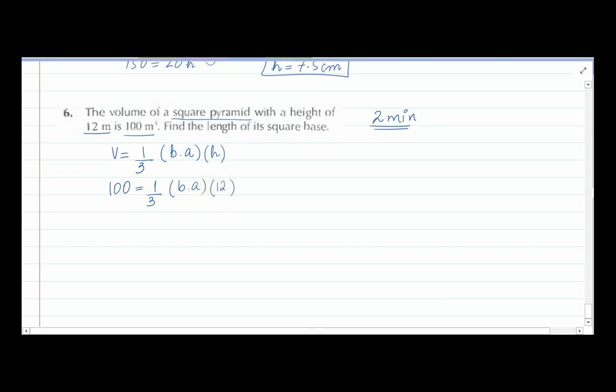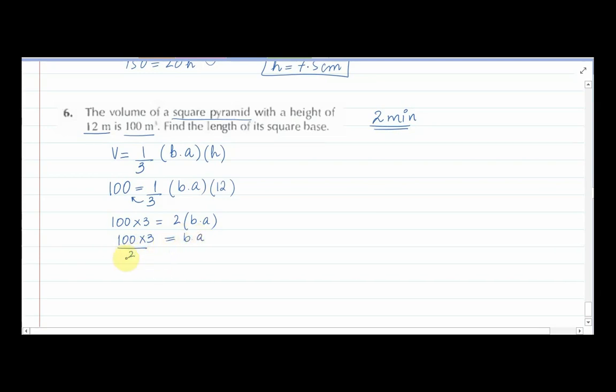If you substitute the values correctly, then amazing, you are doing great, because you have done 70 to 80% of the question. Now you need to simplify it to find the value of base area. So 100 is equal to 1 over 3 times base area times 12. When 3 moves to the left side, it will be multiplied, so 100 multiplied by 3 divided by 12 is equal to base area.